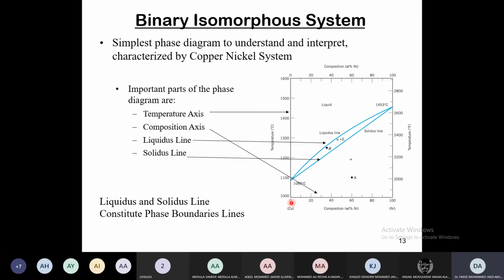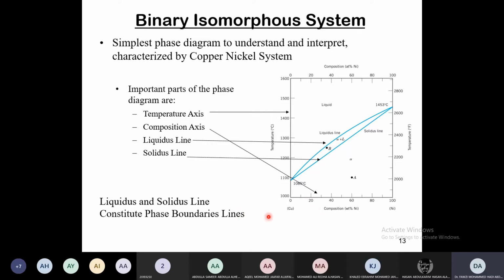Basically, it starts with 0 nickel, 10% nickel, 20% nickel, 30% nickel, and so on and so forth up to 100% nickel. So if this is the nickel, then since we are talking about binary phase diagram, we have only two components, copper and nickel. If 0 nickel is there, you have 100% copper. 10% nickel, this means you have 90% copper. 20% nickel, you have 80% copper, and so on and so forth.